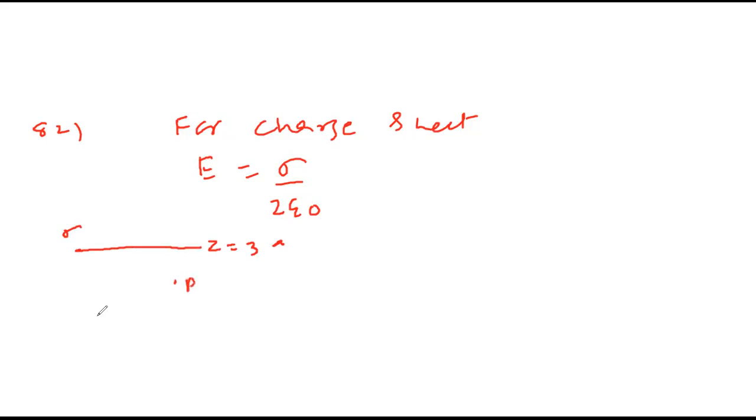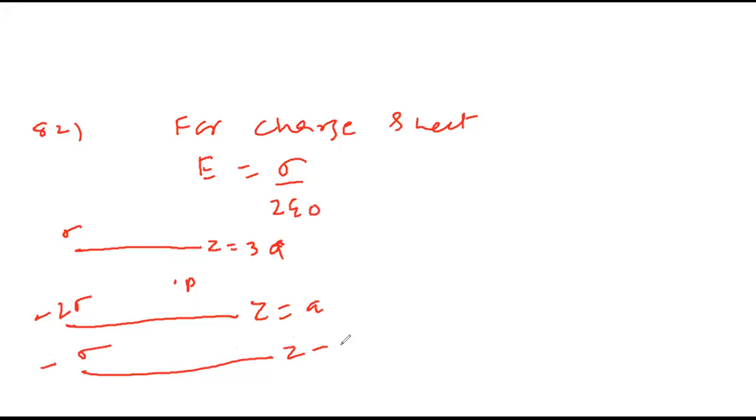This is the point P. Z equals a has charge minus 2 sigma, Z equals minus a has charge minus sigma, and they have told x-axis and this is z-axis. Point P is here.